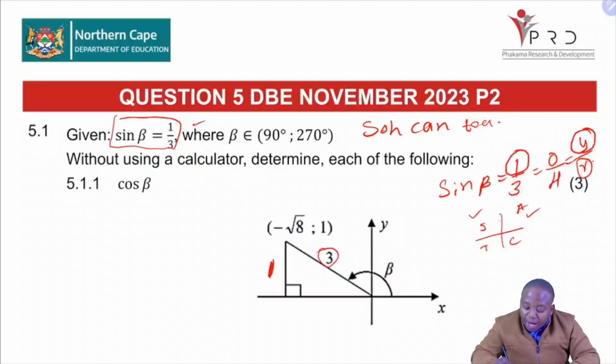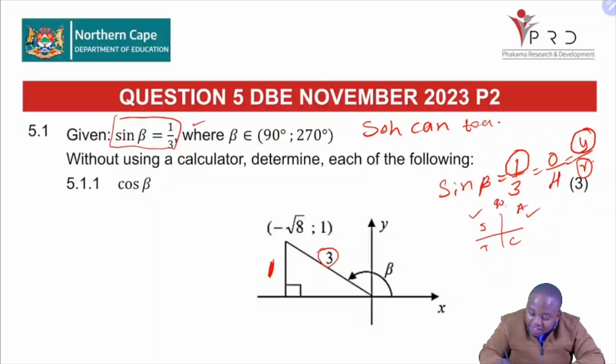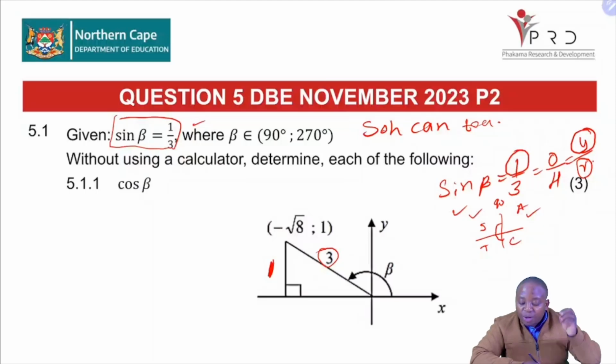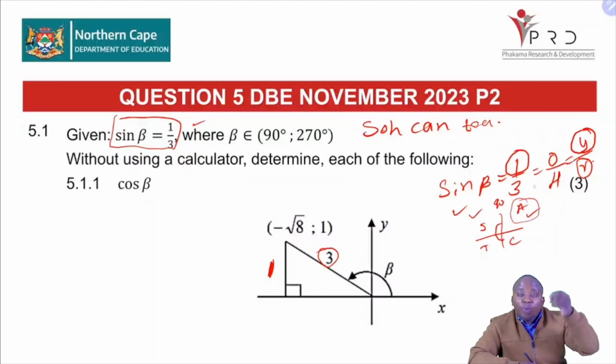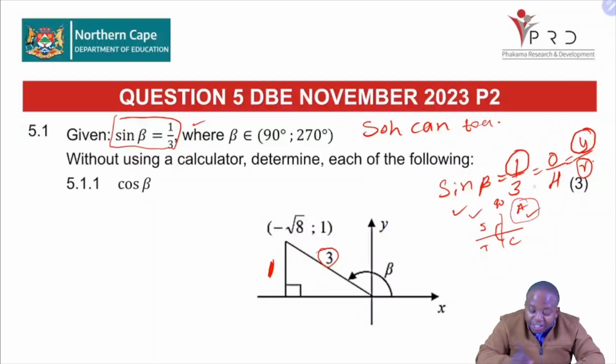However, due to the restriction, the solution is restricted between 90 and 270. So this is where we can now pick our second quadrant as where our solution is going to fall, as our first quadrant, where sine is positive, does not fall within our restriction.